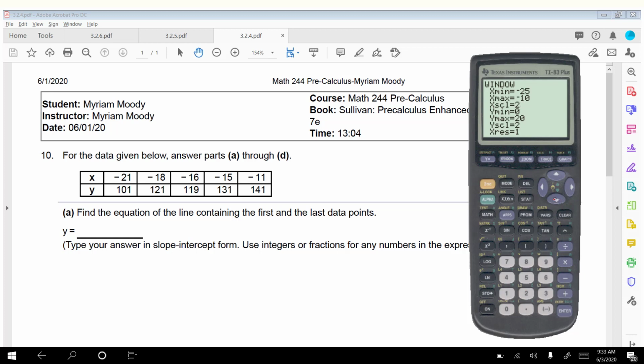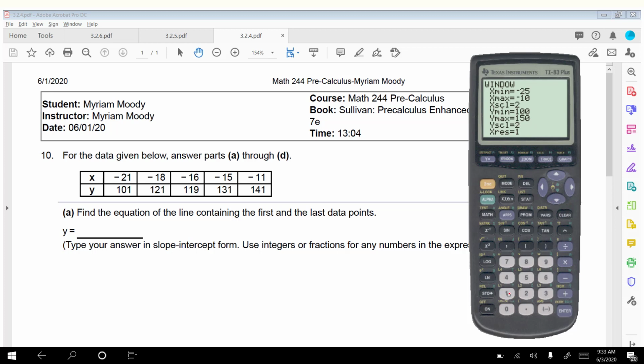Okay, let's go to those y's. The smallest y is 101, so I think we'll just do 100 as the Y min. And my Y max, we could do 150. And I don't want those in increments of 2.